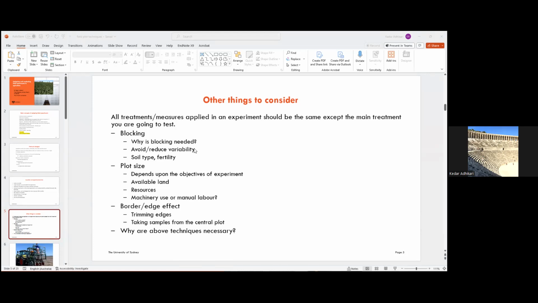So you need to think about how you can avoid the border effect. So that is why we need these techniques. All these techniques are used to reduce the variation in the experiment, to minimize the experimental error, so that what you are measuring is the real differences, not the environmental differences. That's your main goal.